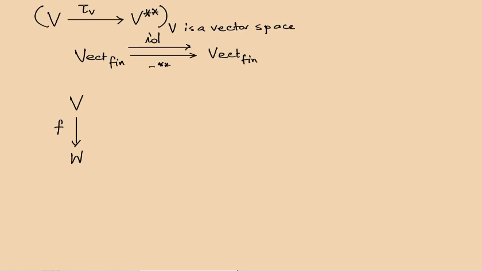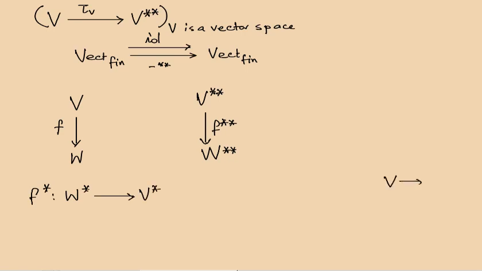Okay? What is this? So if I have a linear transformation, this immediately gives me an F star from W star to V star. Why? Because you have given me this. It's just composition.